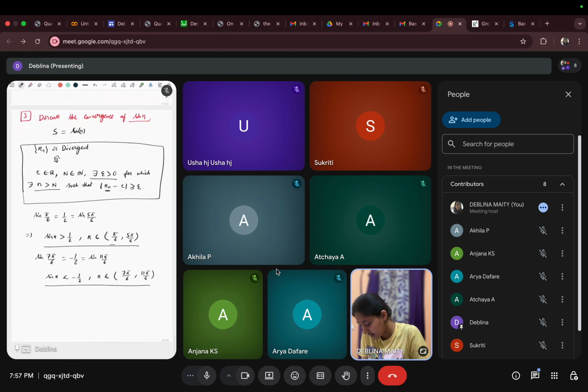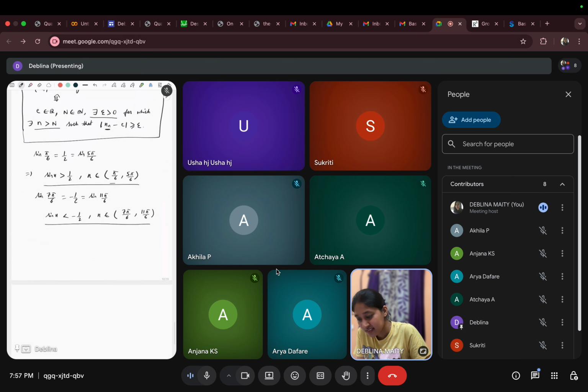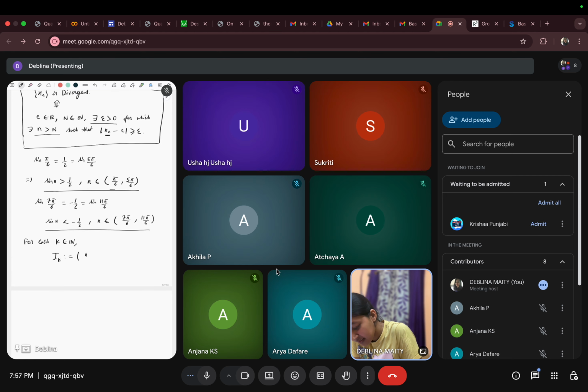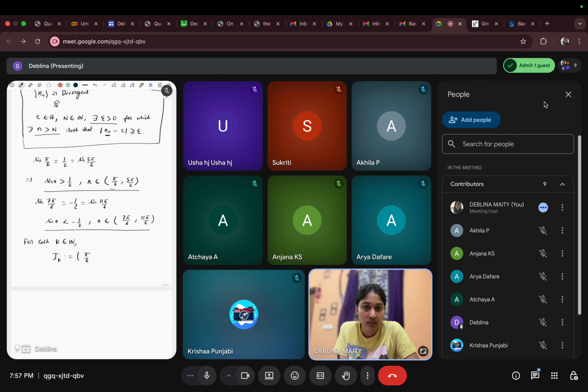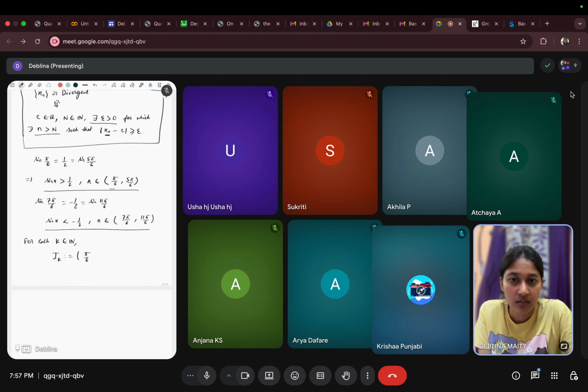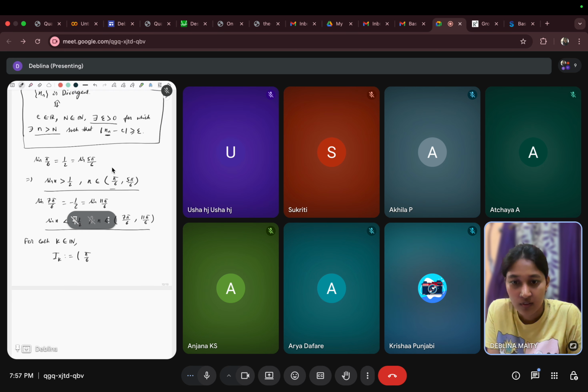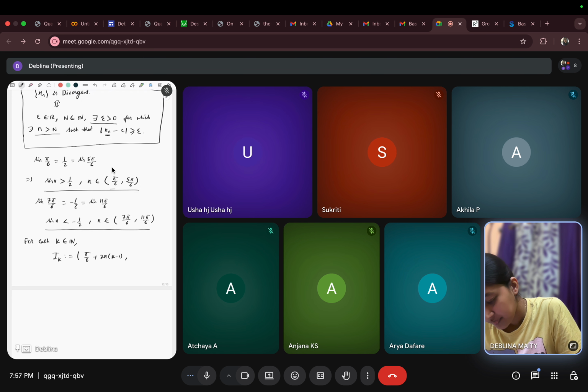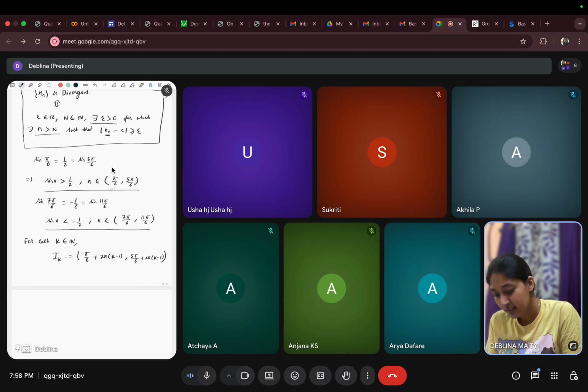Let's generalize these sets. For each k in N, denote Ik by the interval from pi by 6 plus 2 pi times (k minus 1) to 5 pi by 6 plus 2 pi times (k minus 1).